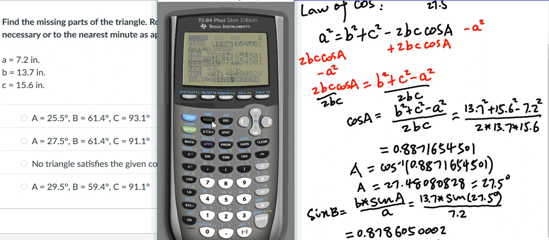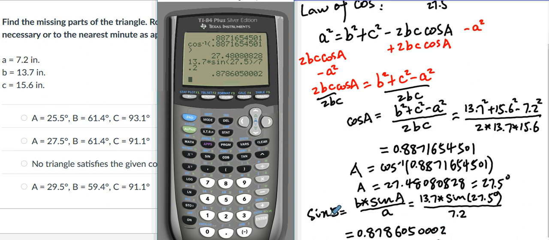Now you probably can do 27.5, or you may use 27.48080828, which would be better. If you do that divided by 7.2, you hit enter, you'll get 0.878 something.